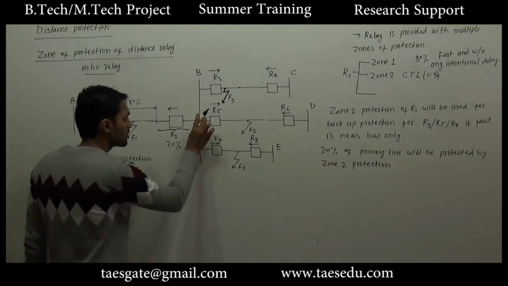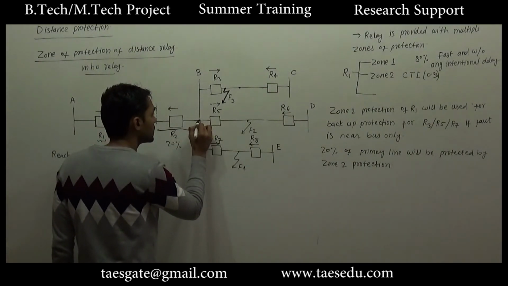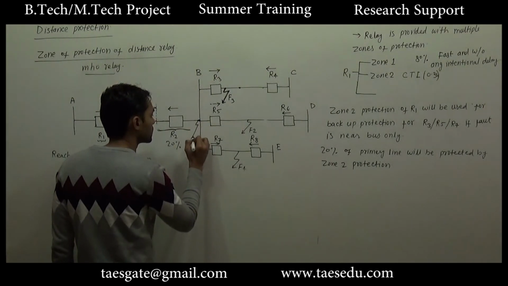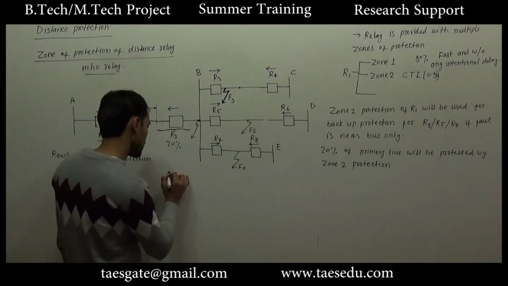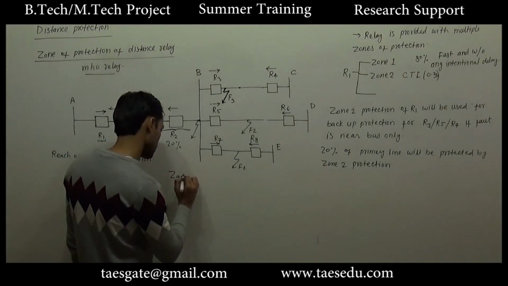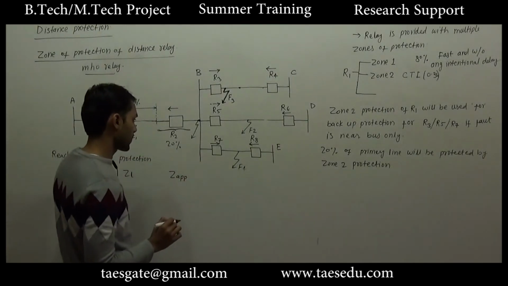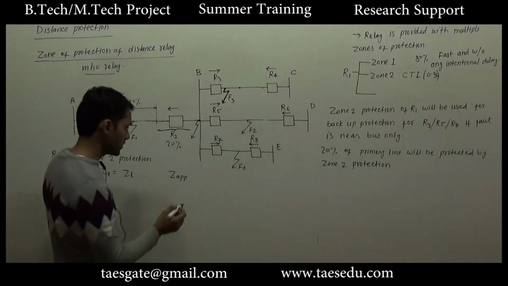Now let's say a fault has occurred near bus P at this point. Again, Z apparent will be measured by the apparatus.